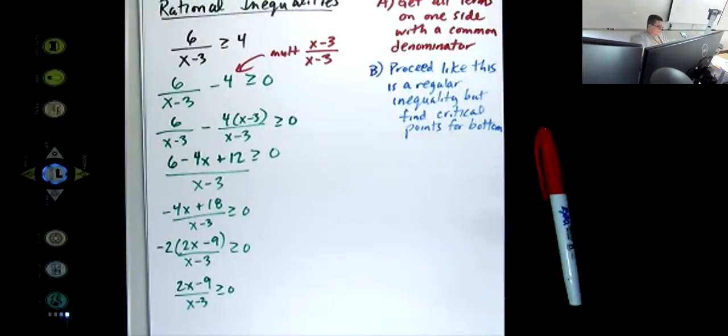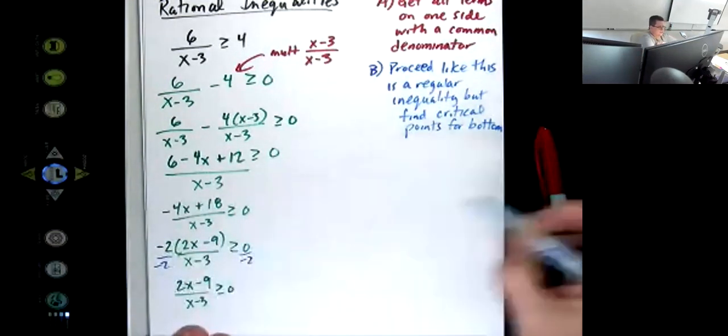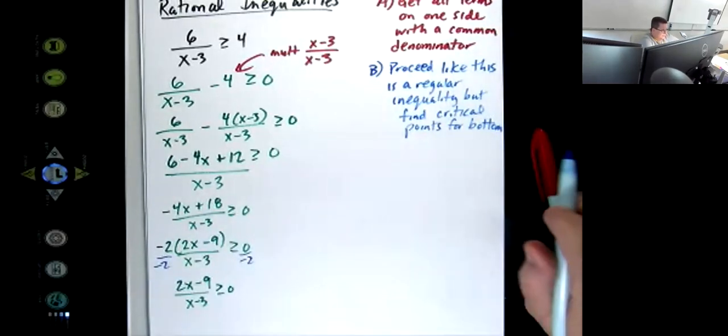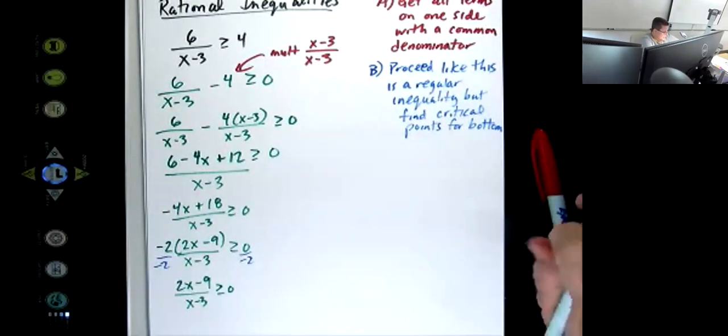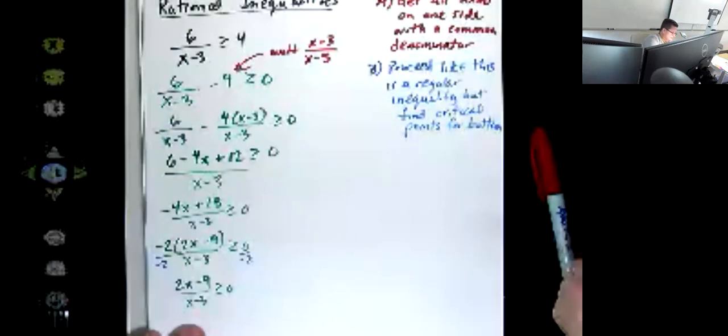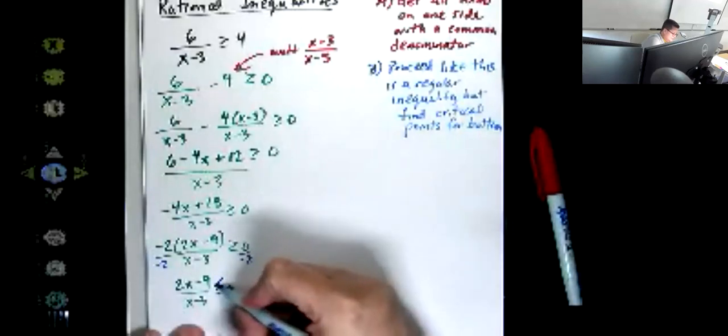I divided by negative 2. Divide by negative 2 on both sides. Right side just goes to 0. Still 0, and the left side, they cancel out. No, but it changes the sign. I divided by a negative, it changes the sign.